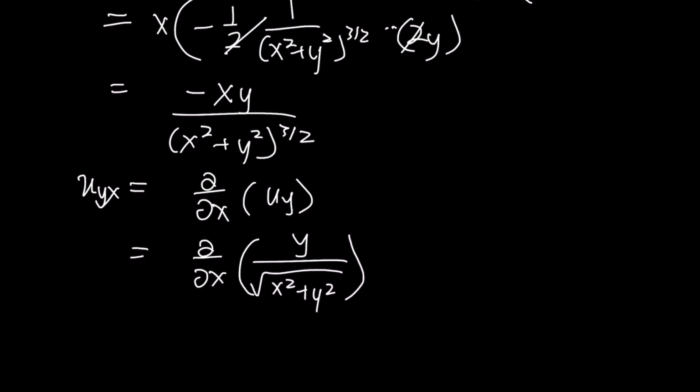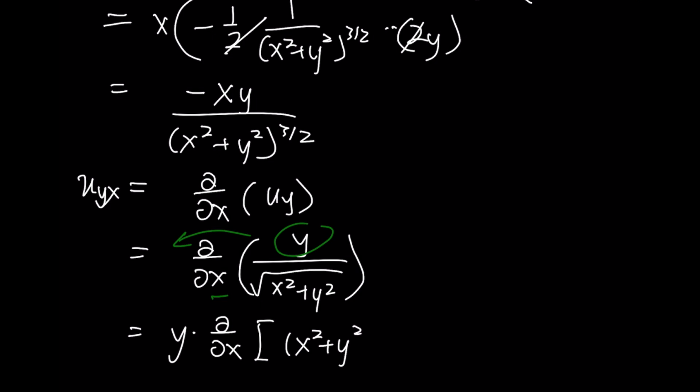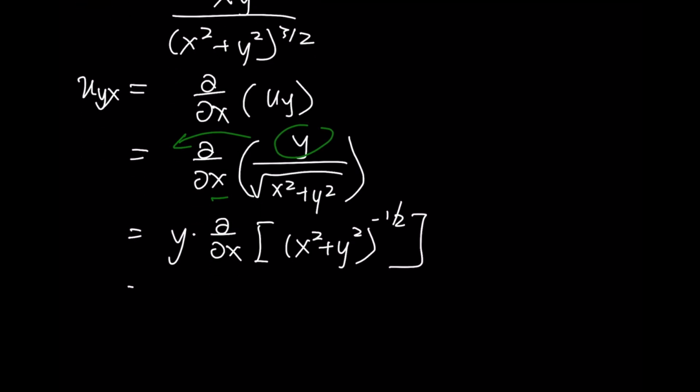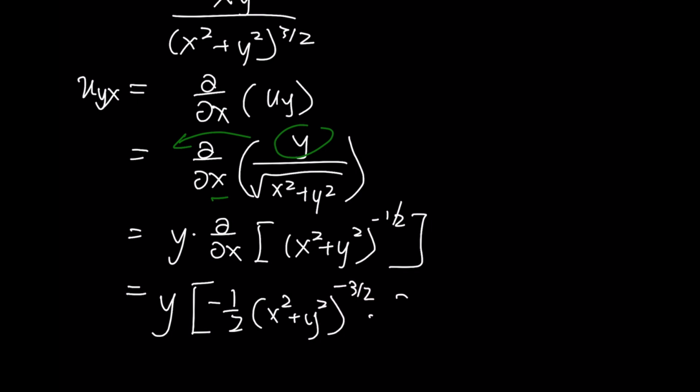Now, just like before, this is a constant with respect to the variable x, so I can immediately take it out and then simplify the way in which I'm going to write this derivative. So I'll get an x derivative of this term to the negative 1/2. I can use the chain rule immediately and get a negative 1/2 all of these terms to the negative 3/2 times an x derivative of this expression x squared plus y squared.